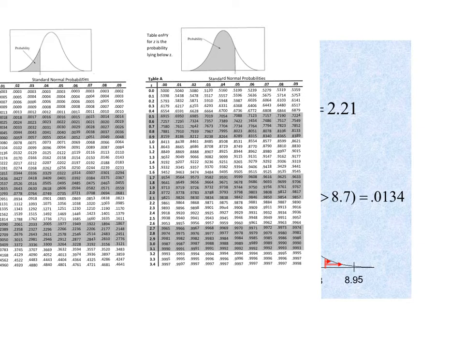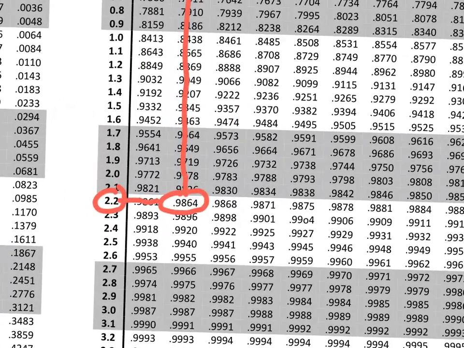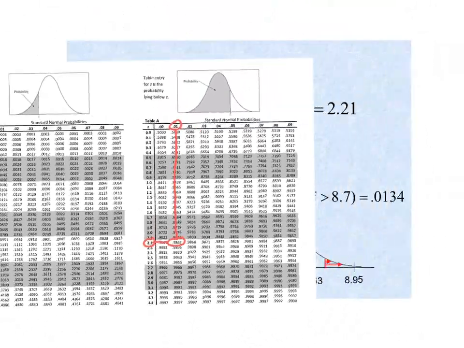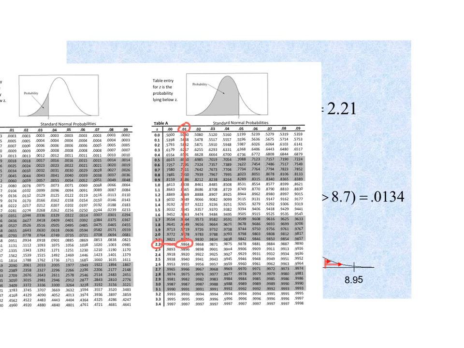Okay, so 2.21 brings me to this percentage, 0.9864. But remember, the normal table shades everything below.